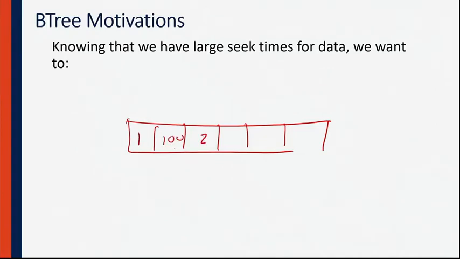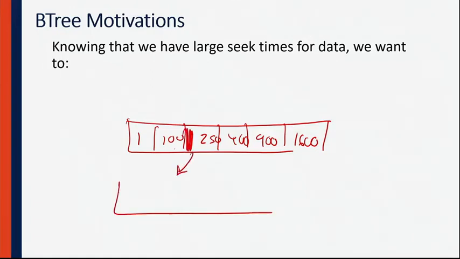Then the values 250, 400, 900, and 1600. Each of these keys is going to have a pointer to another tree node. So between 100 and 250, this pointer right here is going to contain another node that's going to have another set of keys. Everything in this node is going to be between the number 100 and the number 250.